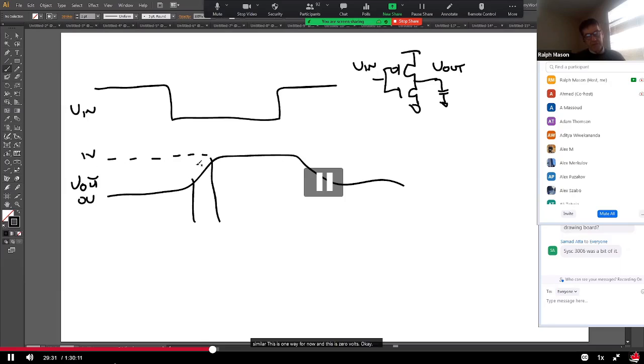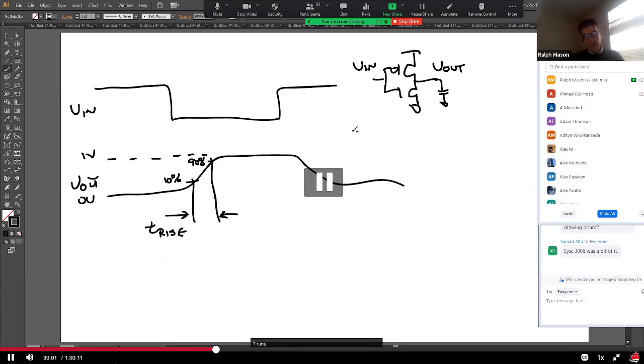The rise time is usually defined from the 10% level to the 90% level. Sometimes it's 20-80, sometimes people use 10-90. I'm going to use 10-90, so from 0.1 volts to 0.9 volts. That is called T rise.